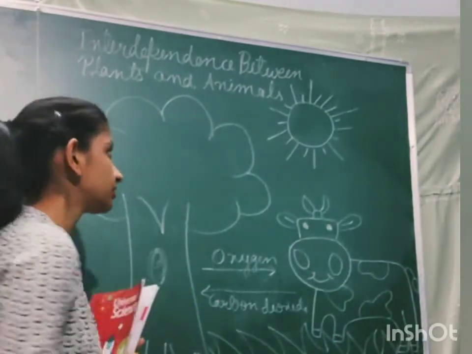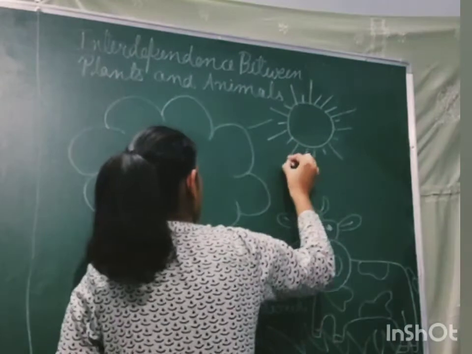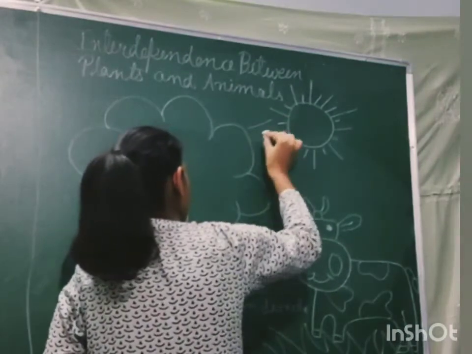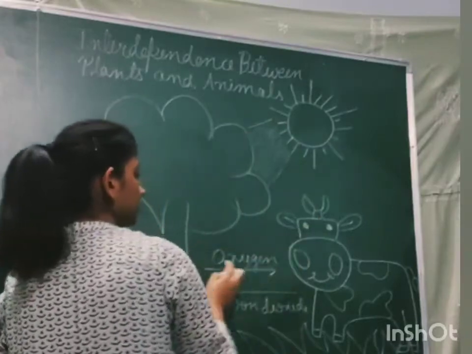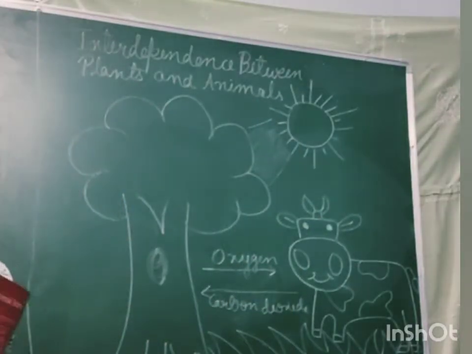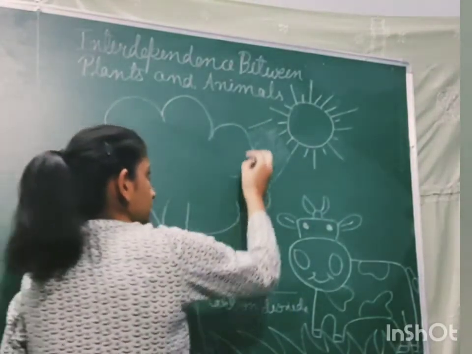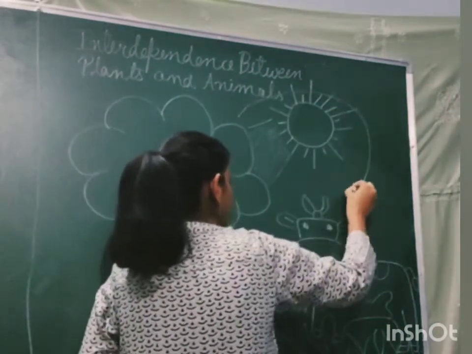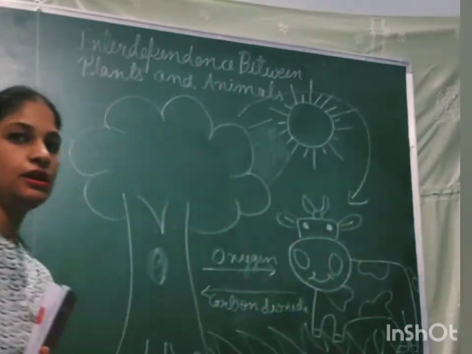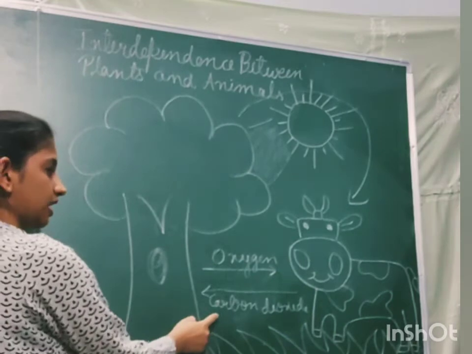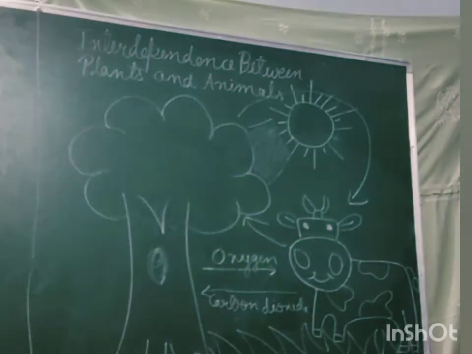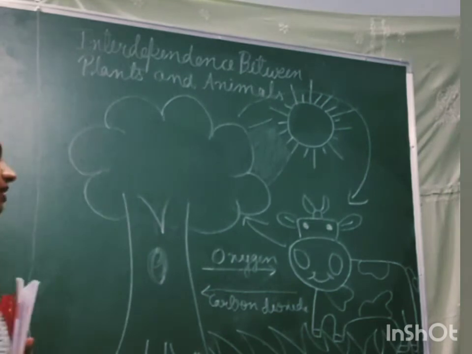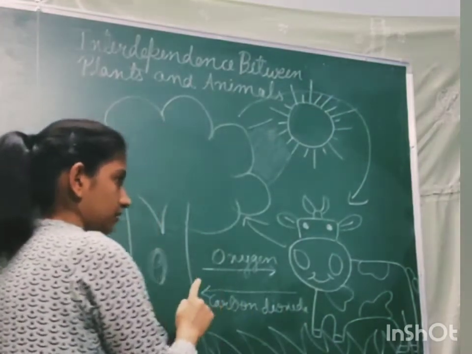Did you understand this? The sunlight is going to the plant and the plant is giving out oxygen. This oxygen is taken by the animal and the animal is giving out carbon dioxide, which is taken in by the plant. Okay, so there is a complete cycle.